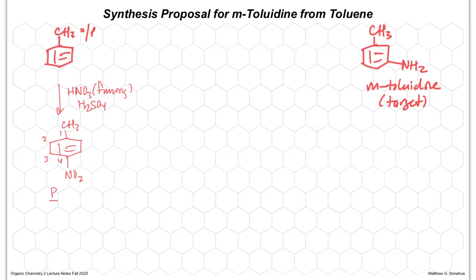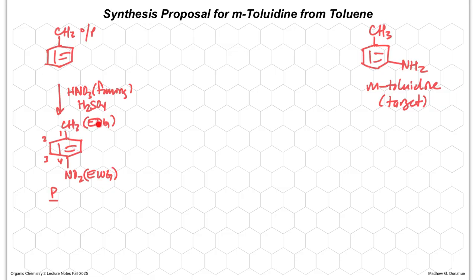So now we have this para-disubstituted benzene. Of the two groups that are on there now, if we were to run a third reaction, the nitro group is going to win in terms of its ability to direct, because it's an electron withdrawing group by resonance.